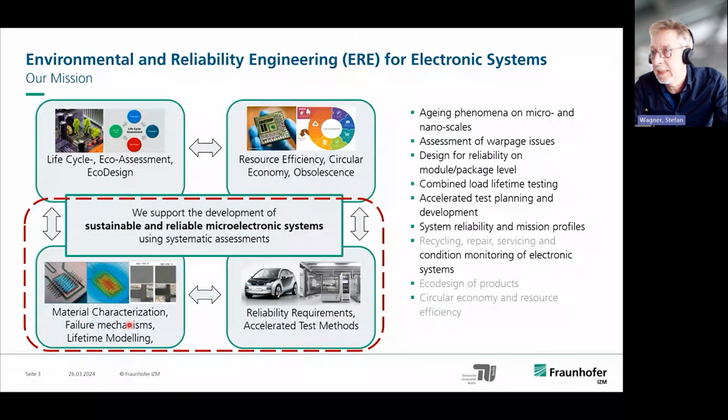So, our mission of the Department Environmental and Reliability Engineering is to support the development of sustainable and reliable microelectronic systems using a systematic assessment.